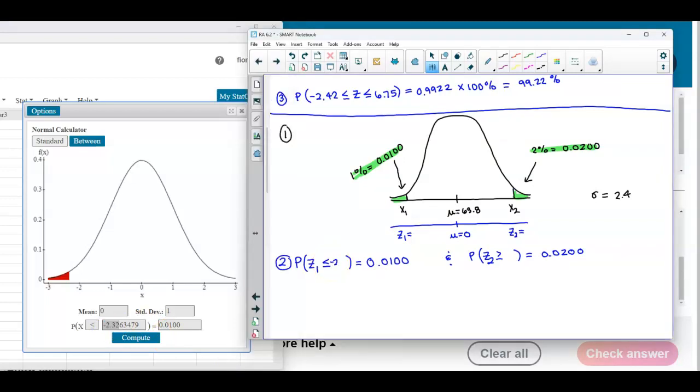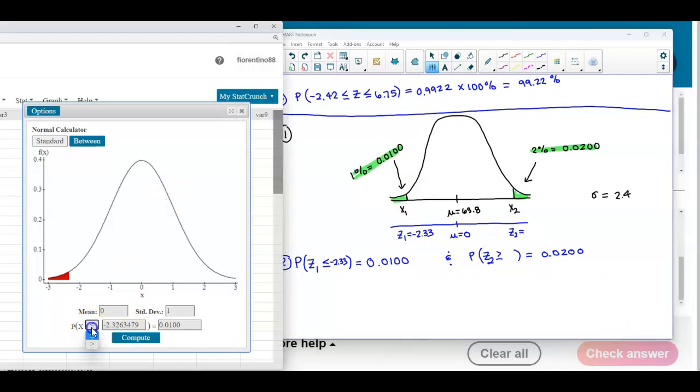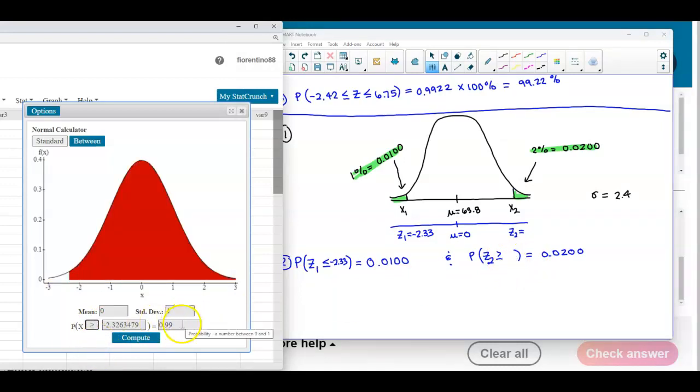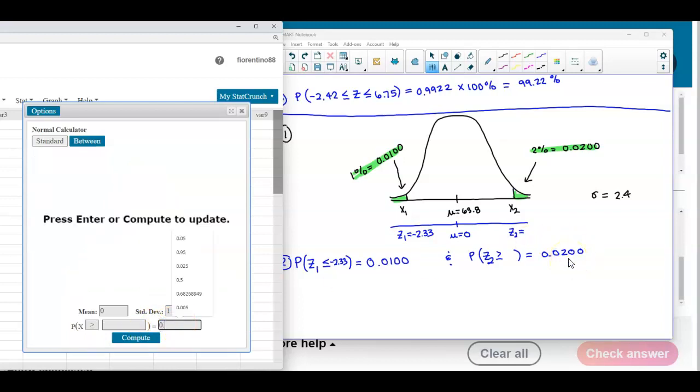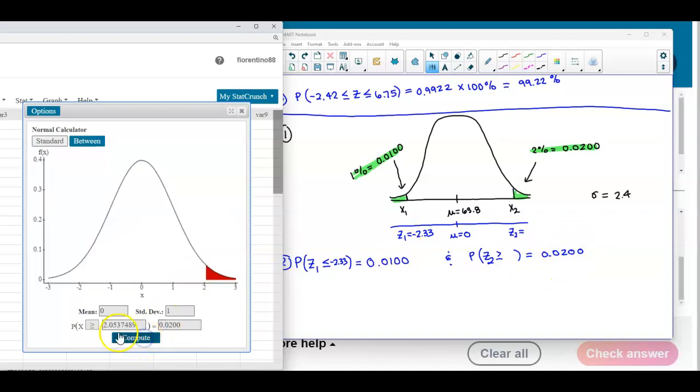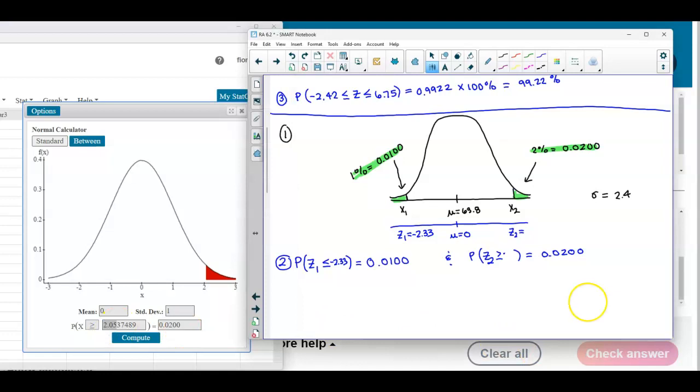So negative 2.33 is that z-score. Now we want to change this to greater than or equal to so we can find this z-score. We make sure that the area after the equal sign is changed to 0.0200, and select compute. Rounding that to 2 decimal places gives us 2.05.